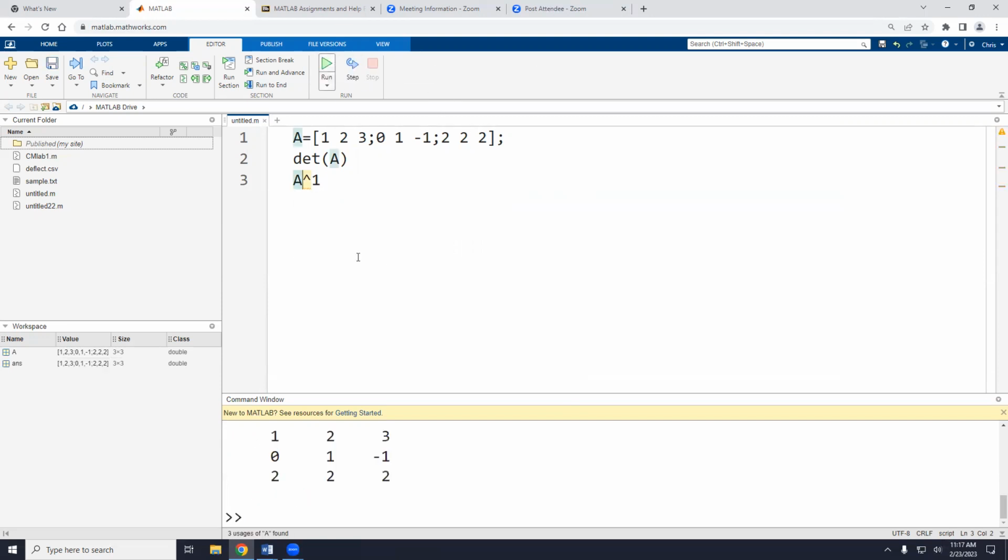And it gives us our inverse right here. Oh, I got A to the first. It'll be helpful if I put it to the -1. Okay. And let's go ahead and execute that. Good spot, Luke.